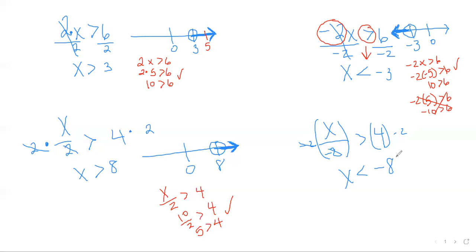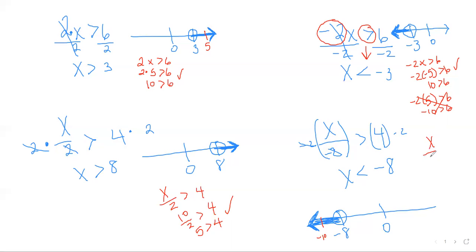Okay, so let me graph this inequality. I'm going to be down here at -8, open circle, values that are less than -8, or to the left. So I'm going to check. Let's grab negative 10 to check.